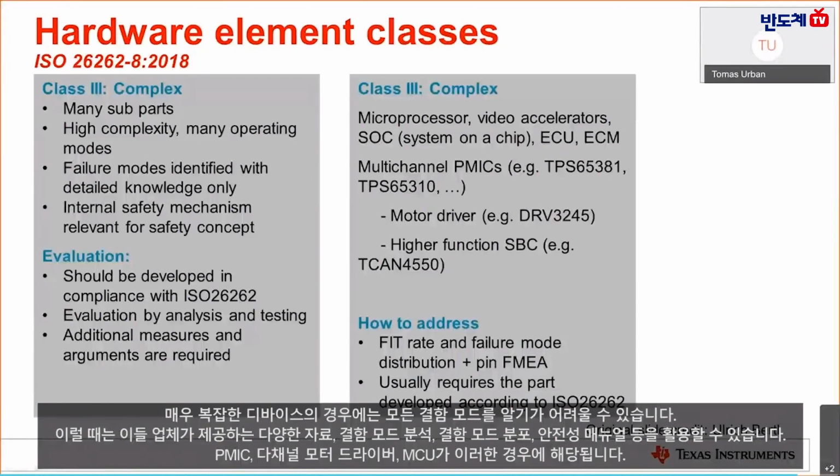For the most complex devices, where you have no possibility to know all the failure modes, you will be provided with a full set of documents: failure mode analysis, failure mode distributions, safety manual, and so on. This is the case for PMICs, multi-channel motor drivers, and of course MCUs.